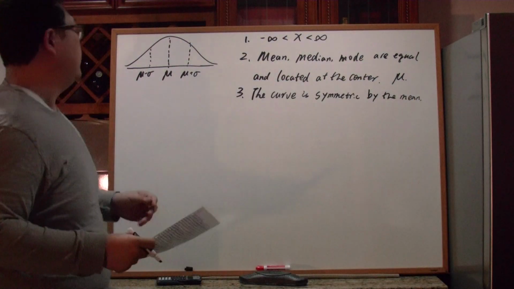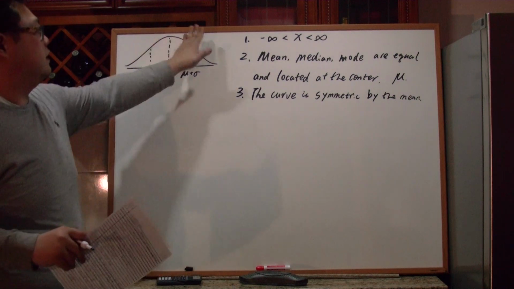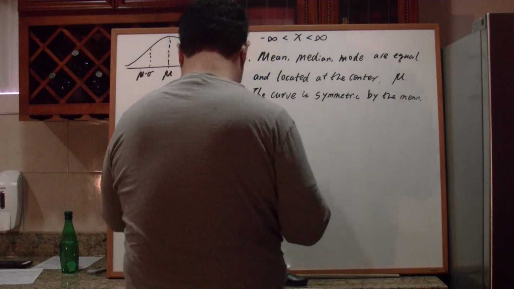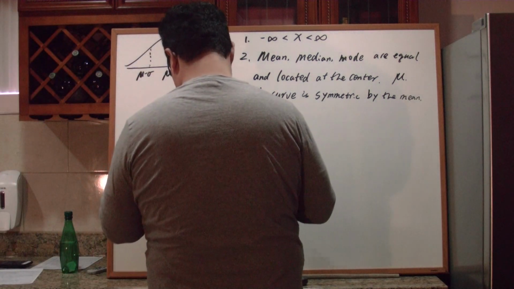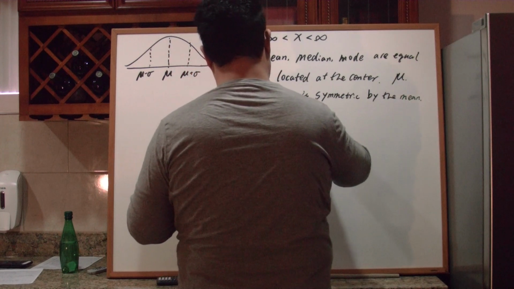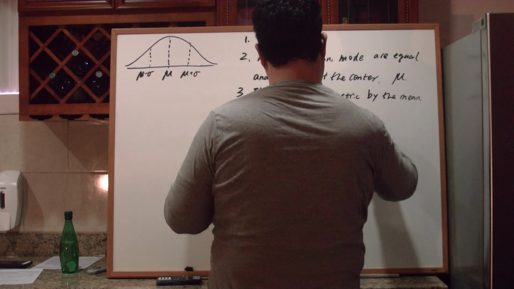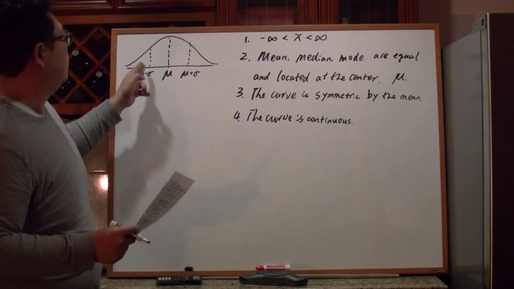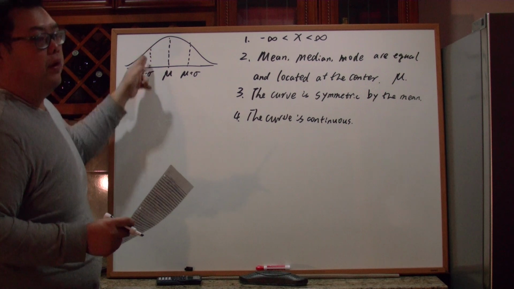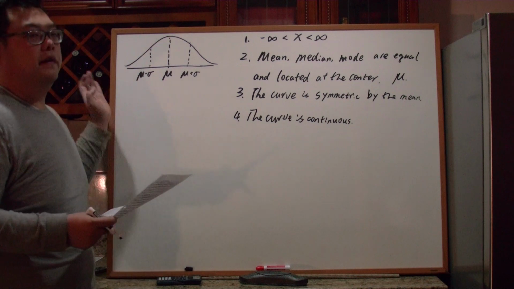The curve is symmetric about the mean, so if you know what it looks like on the left, it looks similar on the right side; just flip it. It is a continuous curve, so it is meaningless to look at the probability of a single point, but it is meaningful to look at the probability of a certain range.